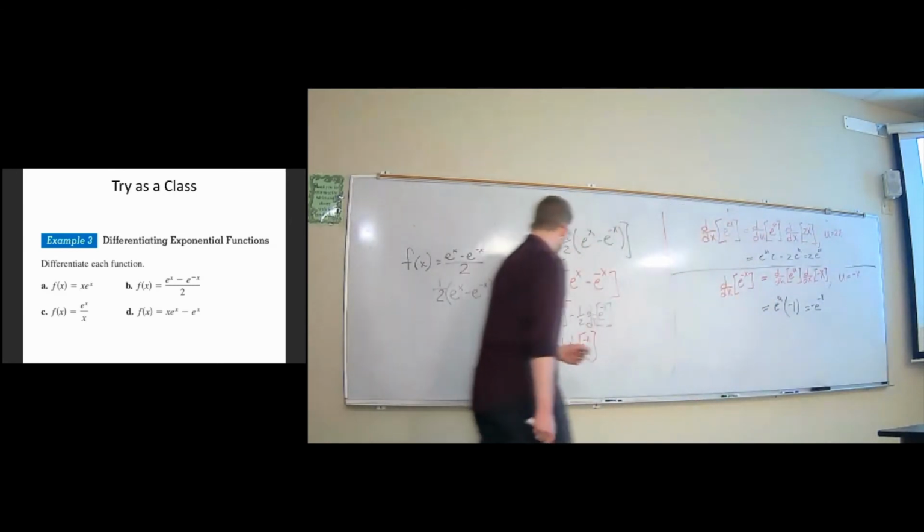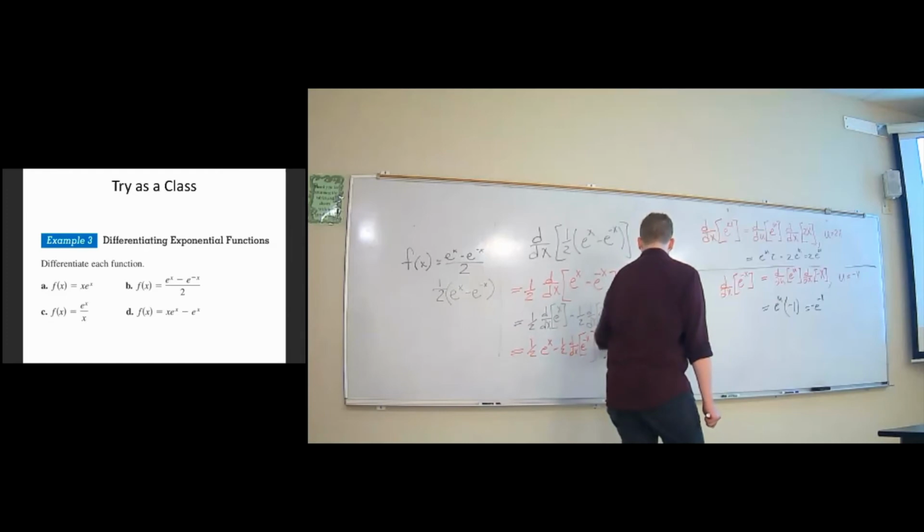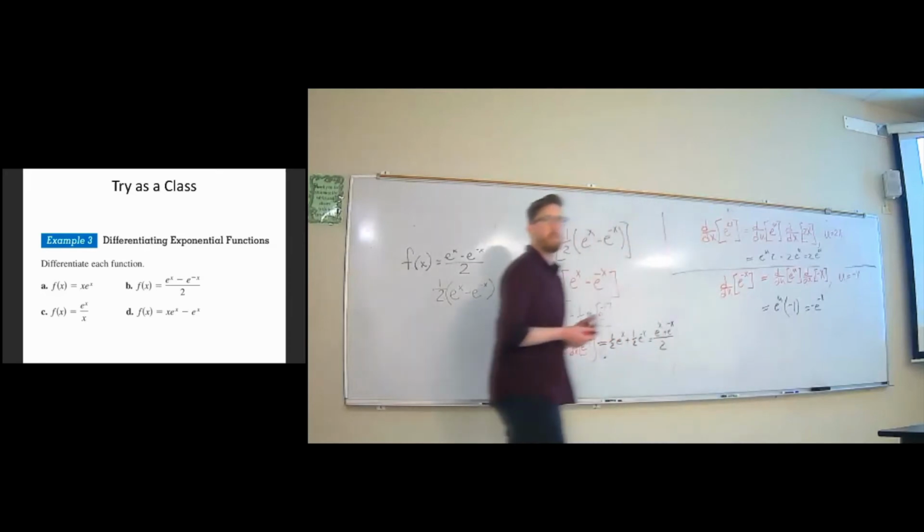So this whole thing is now equal to 1/2 e to the x plus 1/2 e to the negative x, or e to the x plus e to the negative x over 2. Make sense?